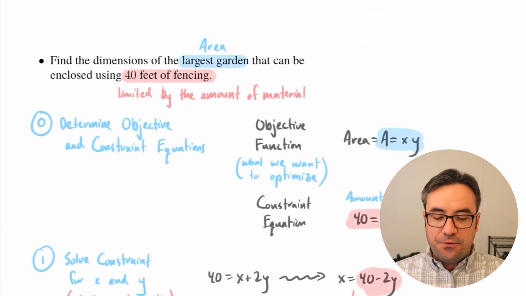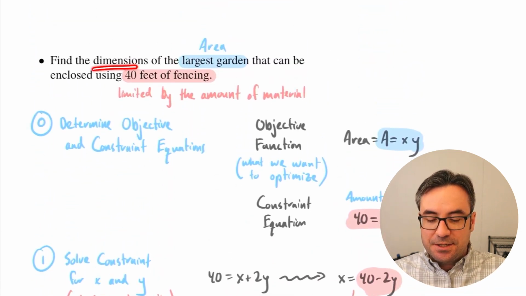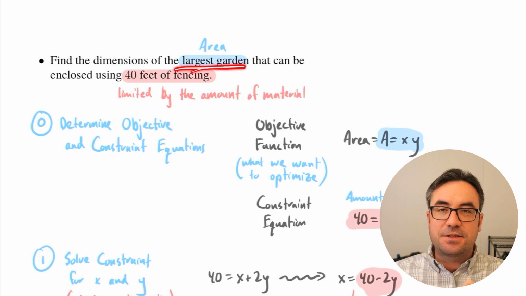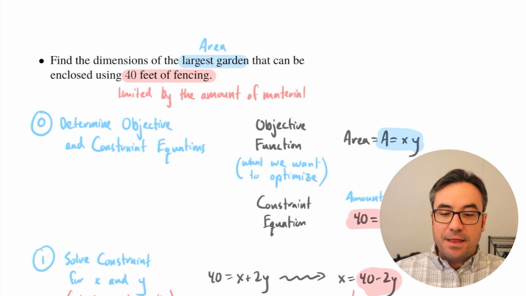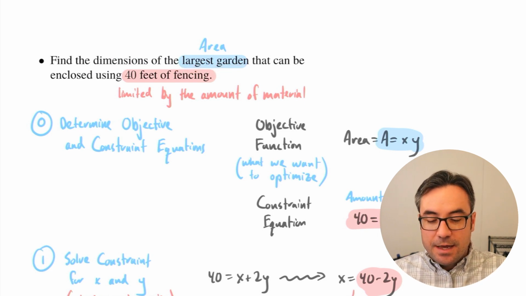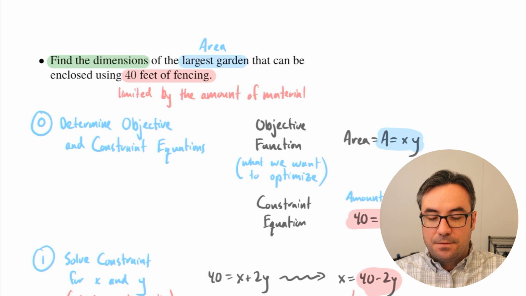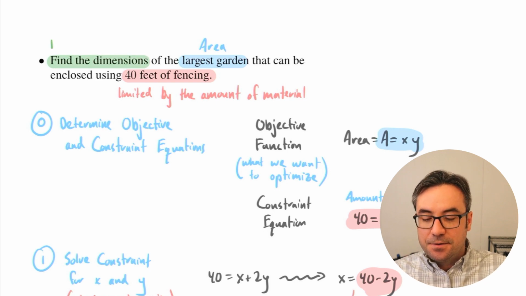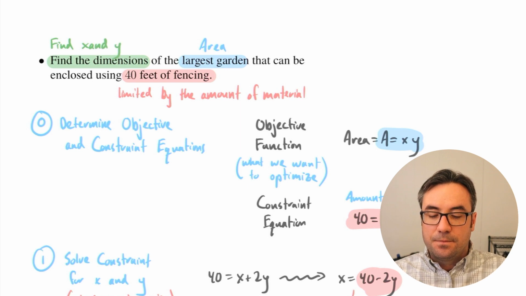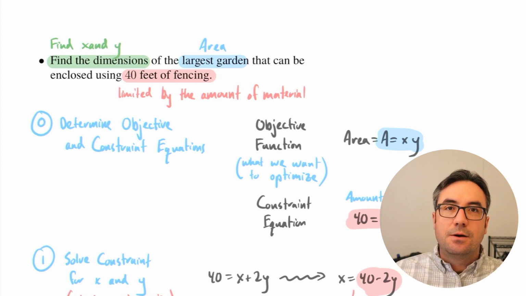We wanted to find the dimensions that give us the largest area. So the thing that we were actually trying to look for here is the dimensions. So this is really telling us find x and y. Well, we found y. We need to get x.